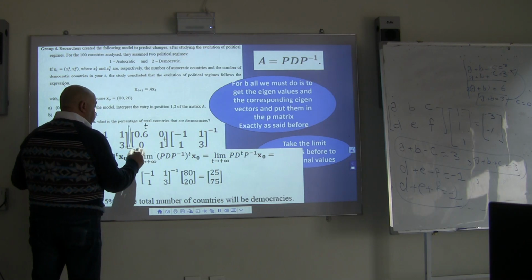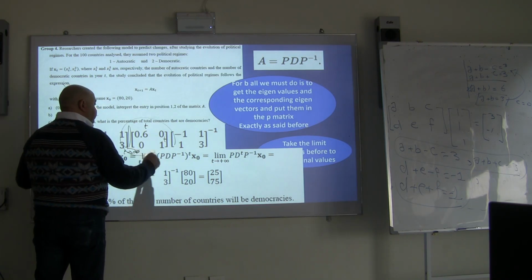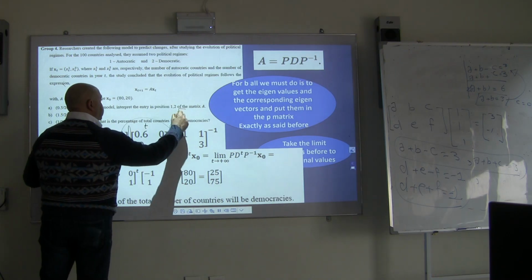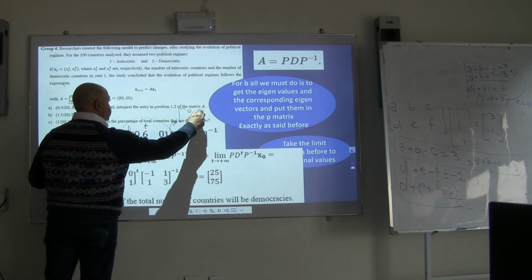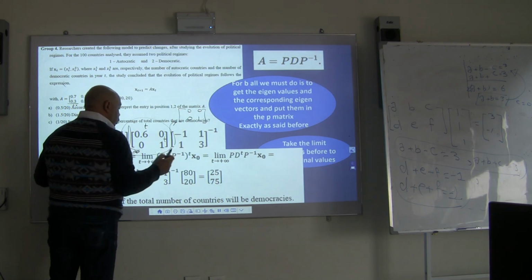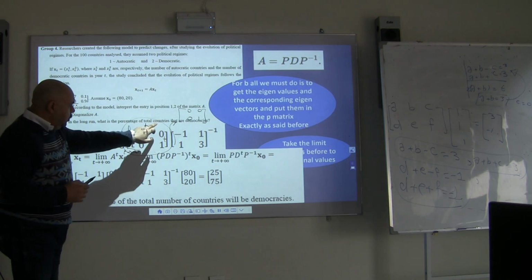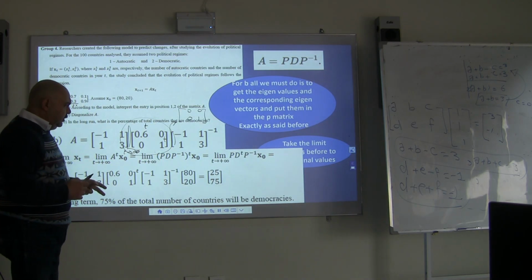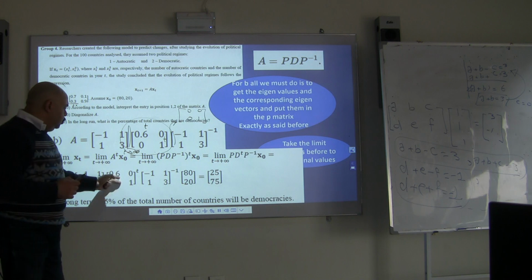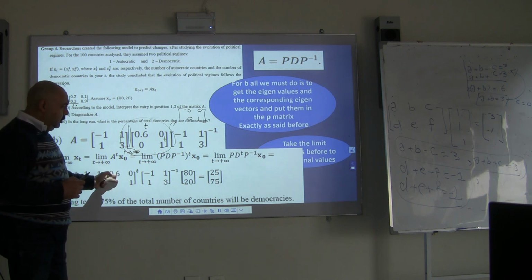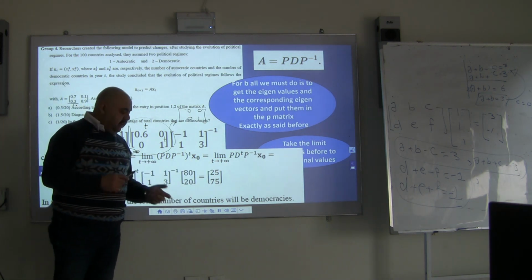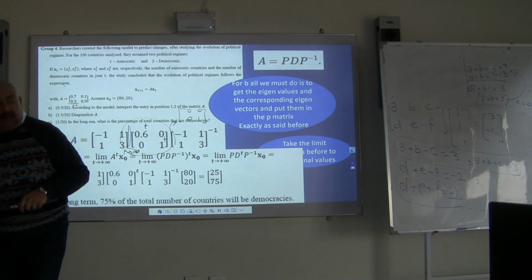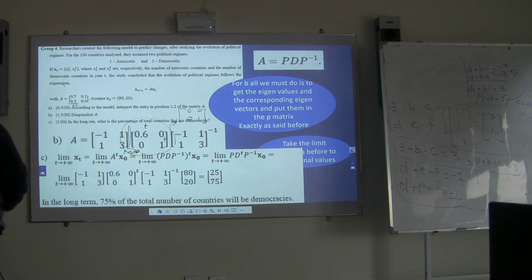So once you start taking the limit t tends to infinity, this value will approach 0, 0, 0, and 1. Once you use this for the infinite number, and you do your multiplication, as I told you, you will end up having 25 by 75, which is the result that the question asks about.